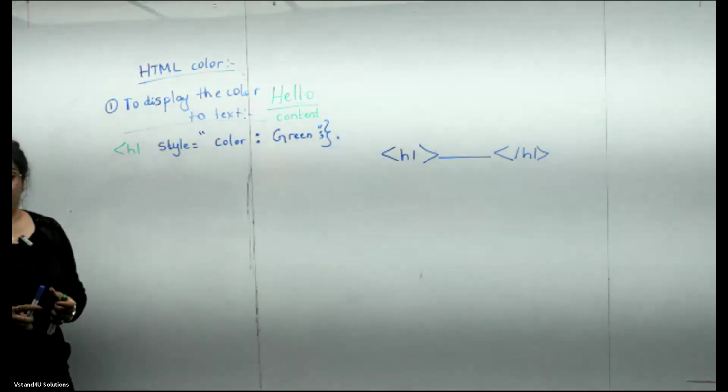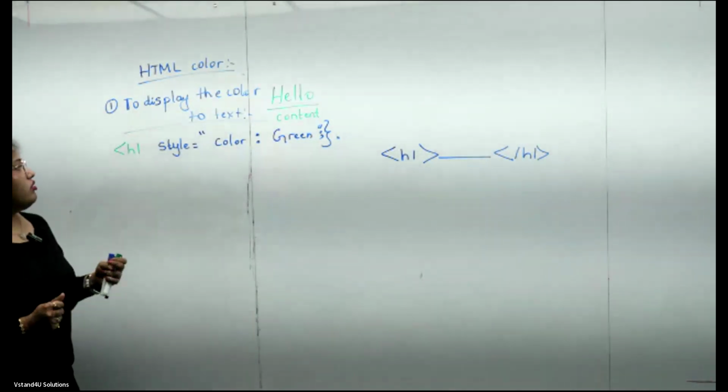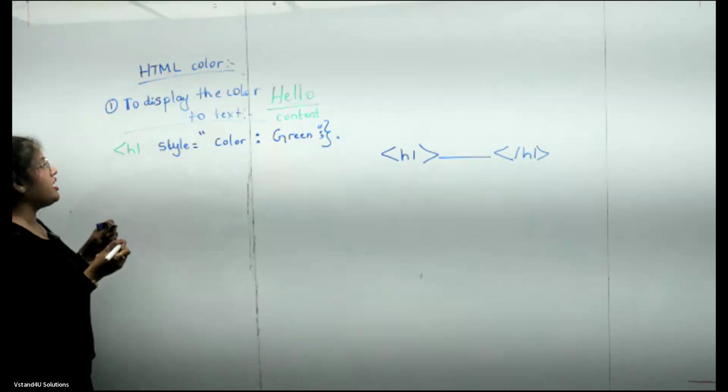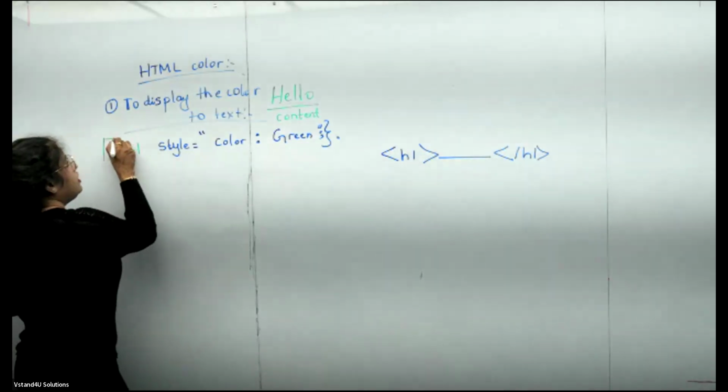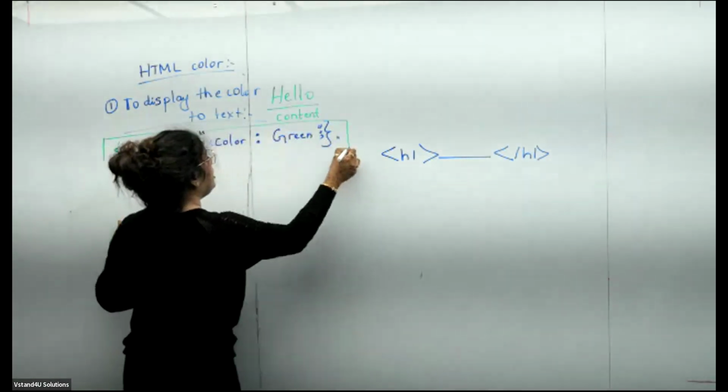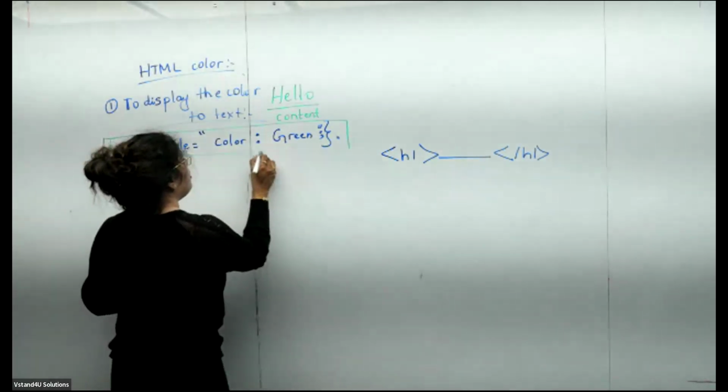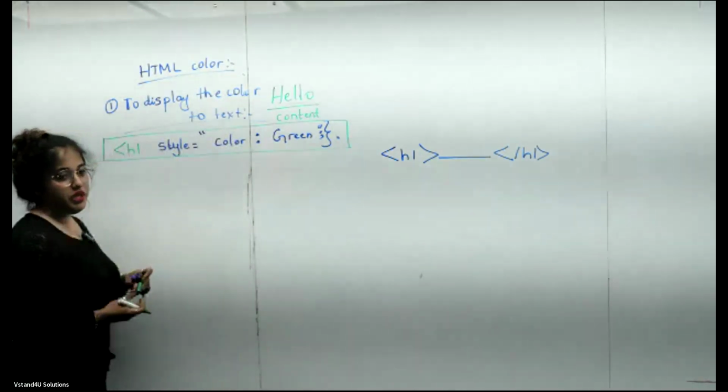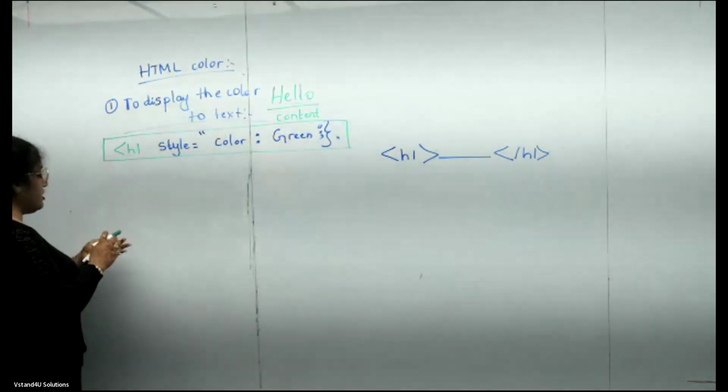Clear? Done? So now, what is the syntax? If I want any color to be displayed in my output, let me mention it in this manner.